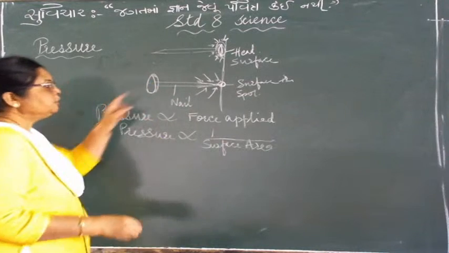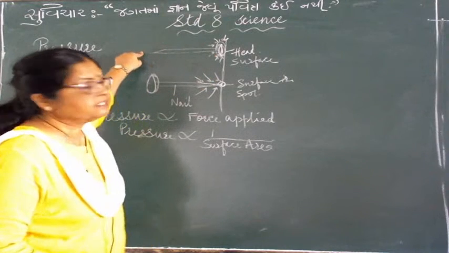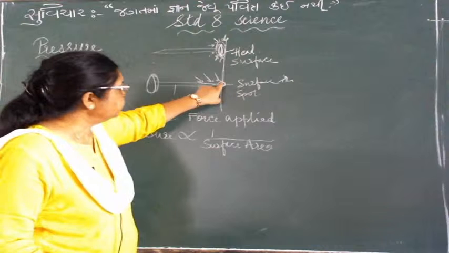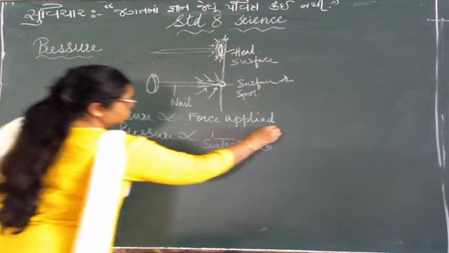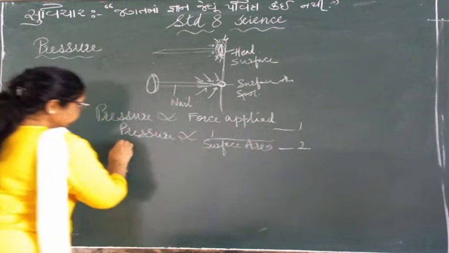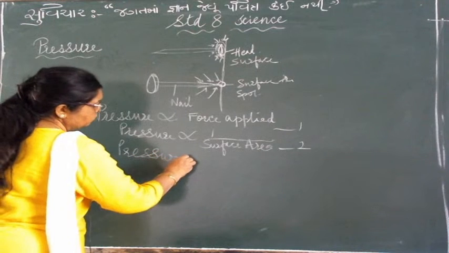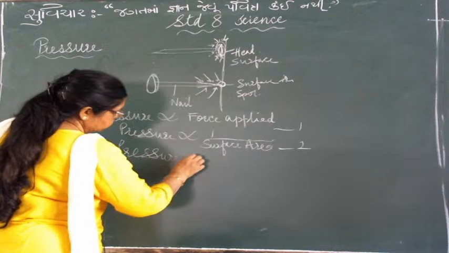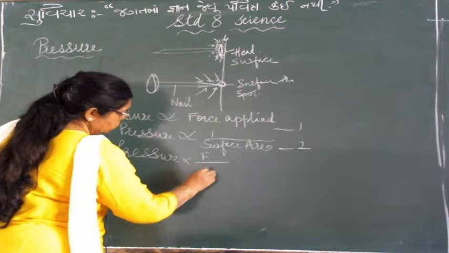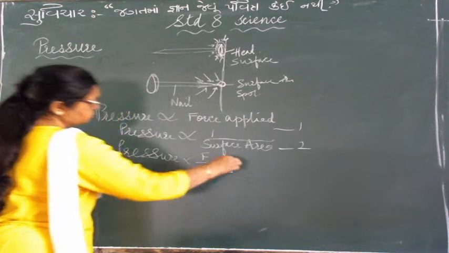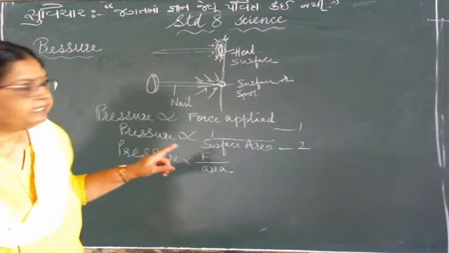Right children, here I told you about the surface area. As the surface area increases, the pressure decreases. As the surface area decreases, the pressure increases. So it is inversely proportional, and when we combine this, we get pressure varies with force upon area, the applied area, that is the area on which it acts.